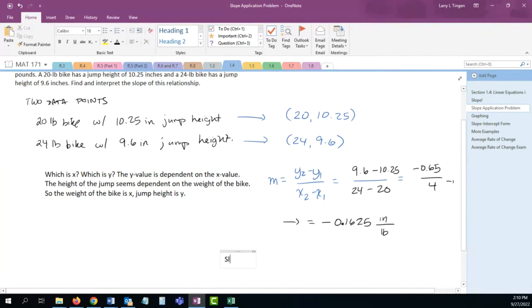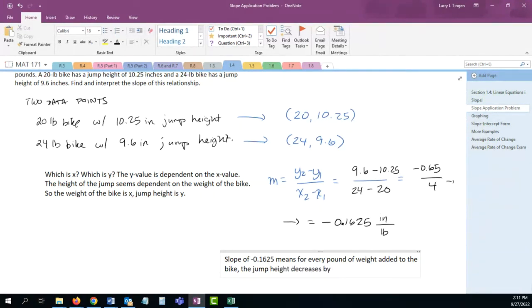So the slope of negative 0.1625 means for every pound of weight added to the bike, the jump height decreases by 0.1625 inches.